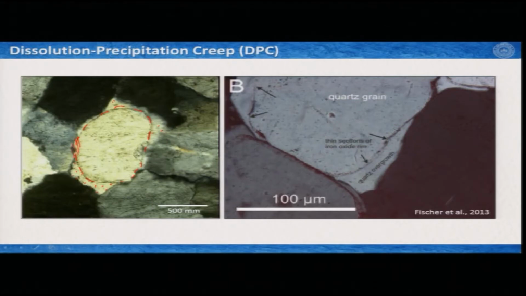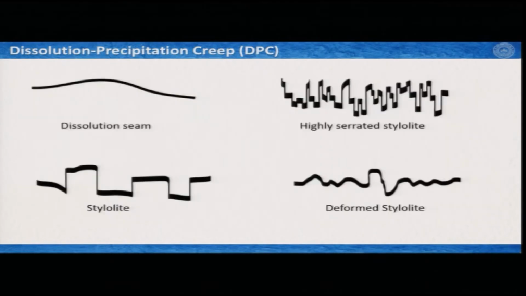You can also see in the second example in this image, this is where the dissolution had happened, and this was the original grain boundary, and this is the overgrowth of this quartz. So, if you see this kind of microstructures, nail it that this has happened due to dissolution precipitation creep.